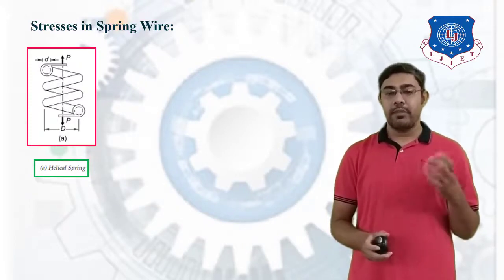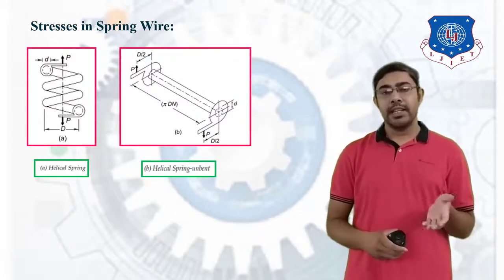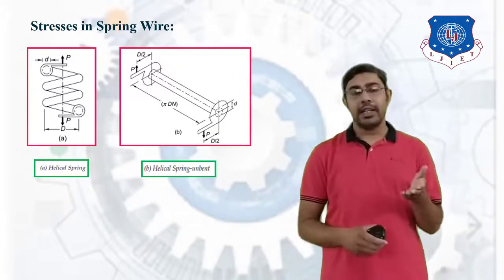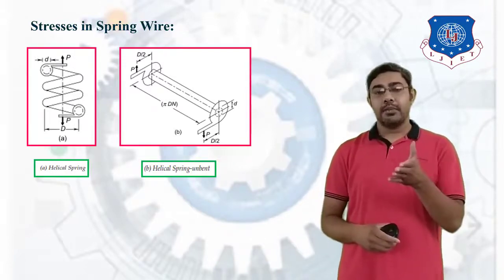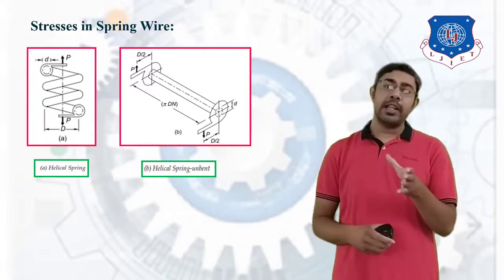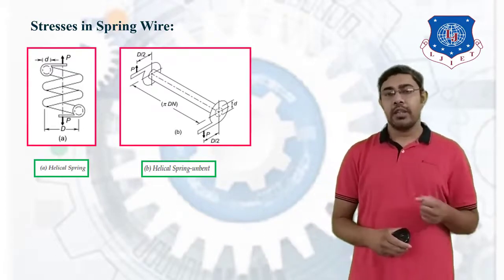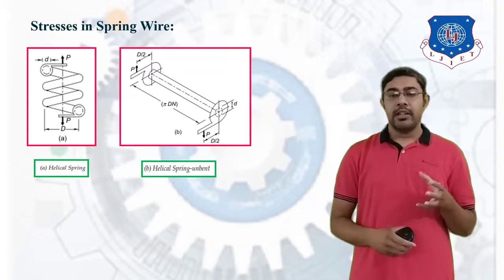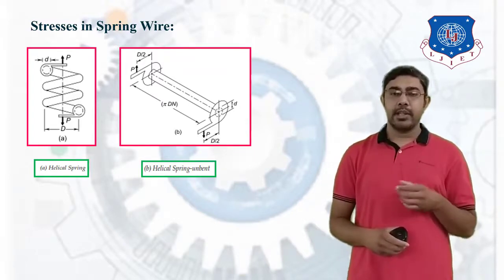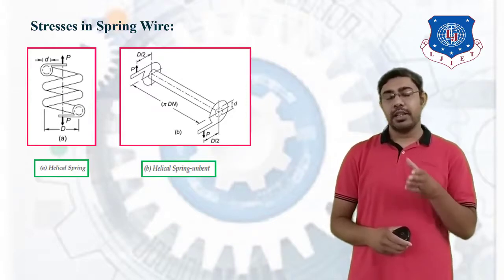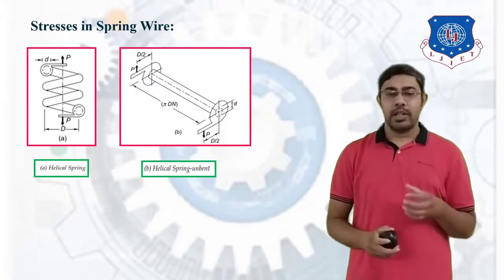Figure B shows the helical spring in the unbent position. If we unbend this spring, the length of the wire is pi D, and the load is applied at a distance capital D by 2, and the wire diameter is small d.